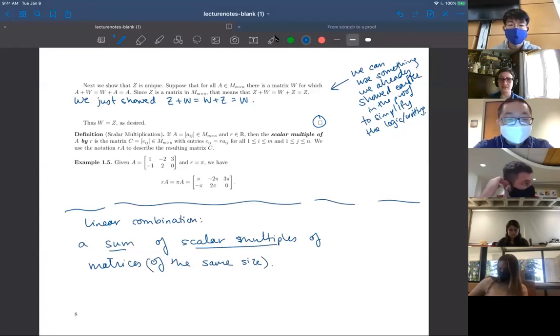So I could take 3 different 2x2 matrices, scale each of them by a different real number, and then add all of them up and I get a new matrix. And I would say I took a linear combination of my first 3 matrices.